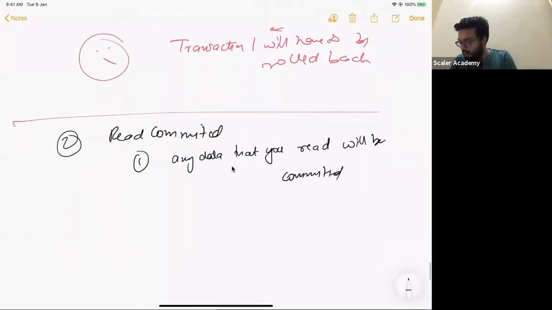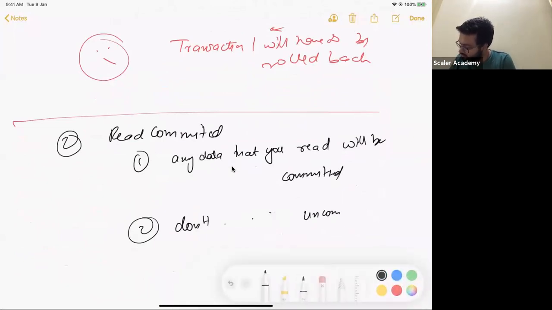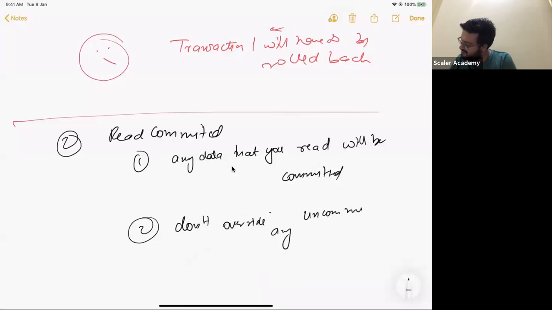There is another property here. The property here is that it will not overwrite uncommitted data. Or let's not call it overwrite, the better word is override. It will not override any uncommitted data.